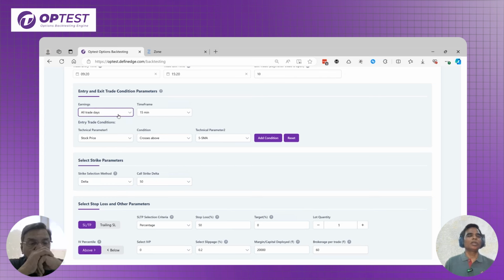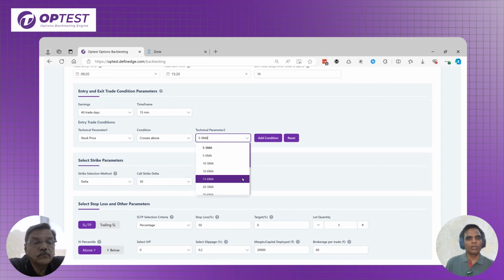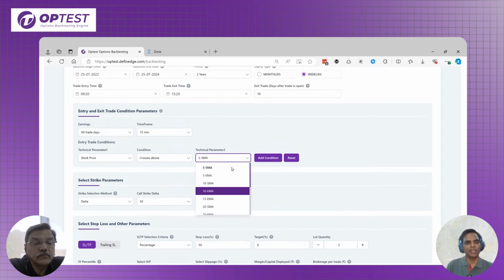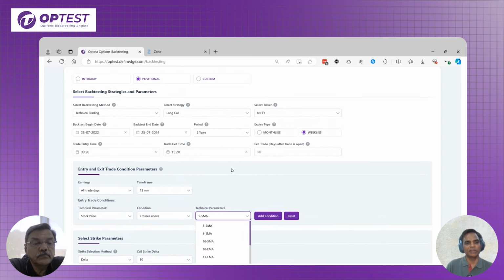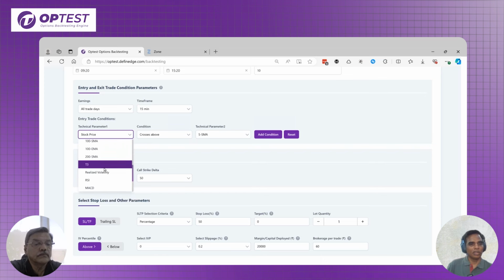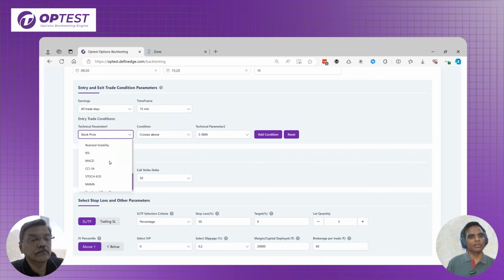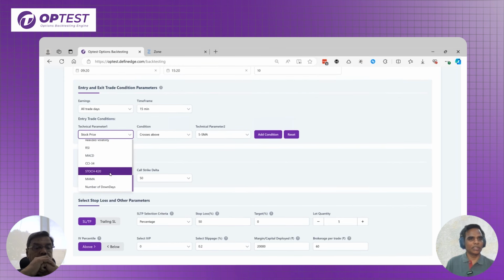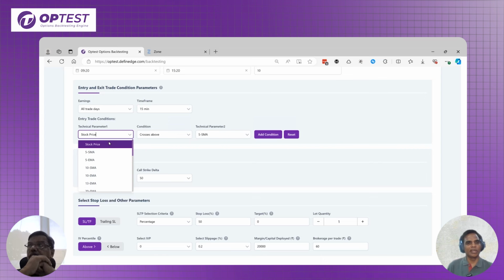Now these are the indicators. You can choose moving averages, T3, alternate channel, RSI, MACD, and all those things. And the number of down days, for example. So we can choose all these different indicators.